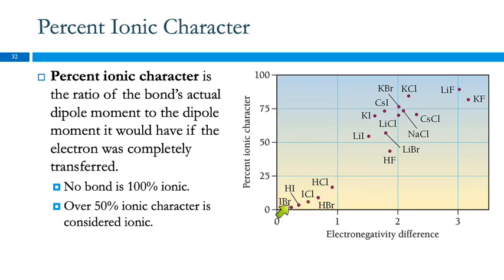And we see a lot of the other diatomic compounds here, and their percent ionic character is much lower. But they're still on there. And so something like H2 would have 0% ionic character because it would also have 0 electronegativity difference. So any questions?